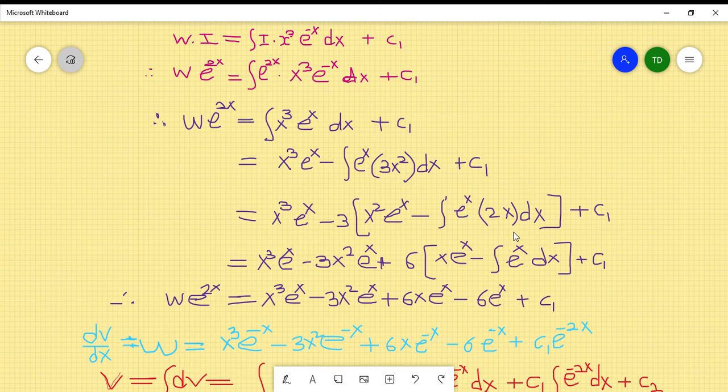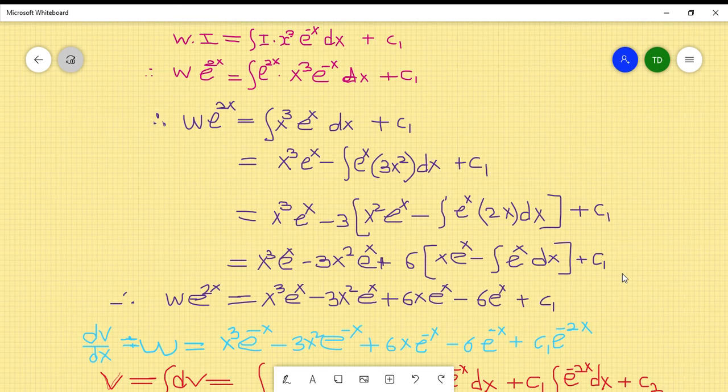Now after opening this bracket, we have x³ e^x − 3x² e^x, and this minus 3 into minus 2 makes it plus 6, and we are running now the integration by parts: x as it is times the integration of e^x, which is e^x, minus the integration of e^x times the derivative of x, that is 1, with respect to x, plus the constant of integration.